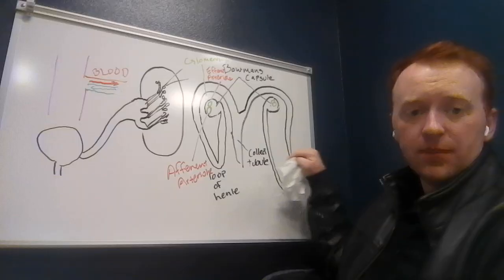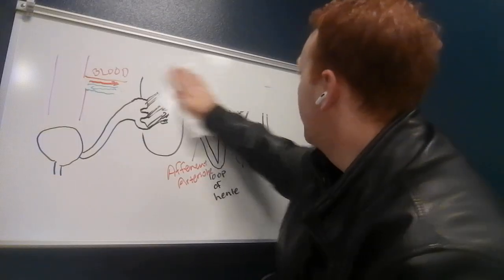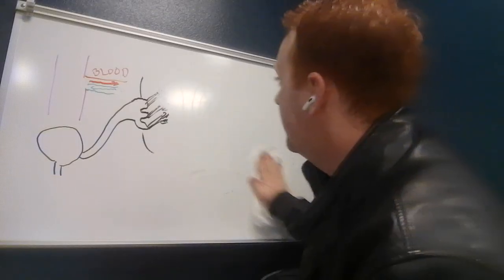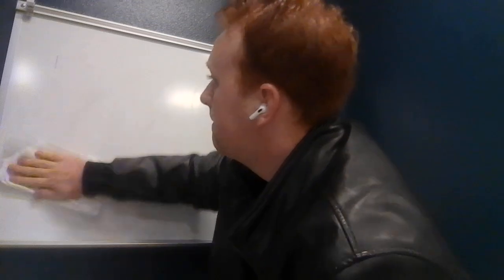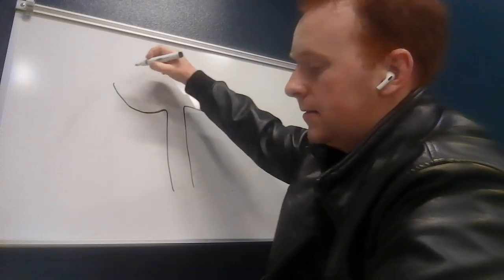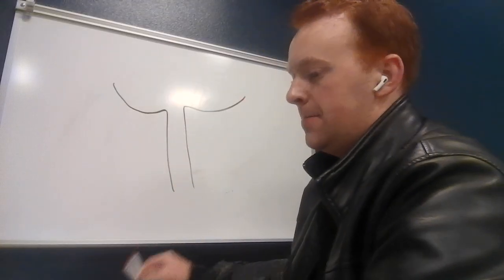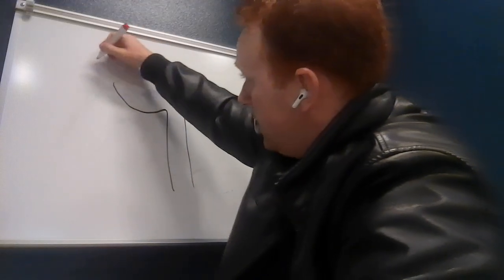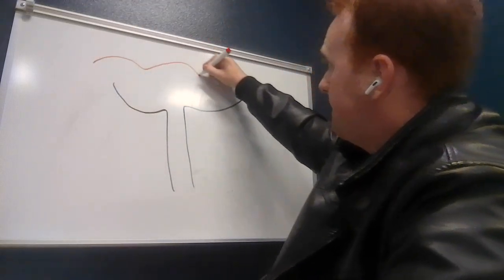So this is a complex nephron. We can simplify it in a very easy way, to make it easier to look at. So I'll draw it like this. So here's our nephron, and then we're going to draw the afferent and efferent pathways.